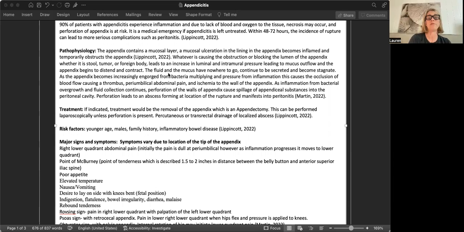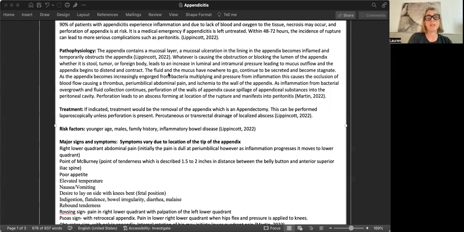As the inflammation from the bacterial overgrowth and fluid collection continues, perforation of the walls of the appendix causes spillage of appendiceal substances into the peritoneal cavity. This is where you're seeing your more serious complications manifest.